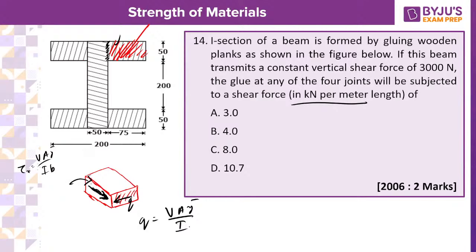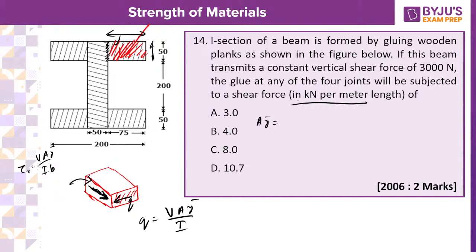Now that VAy bar by Ib, you calculate. Separately you calculate what your Ay bar is. What is this length here given? Area. Okay, this is 75 and this is 50.